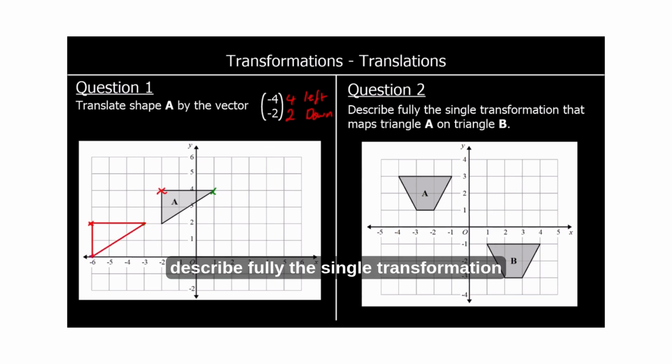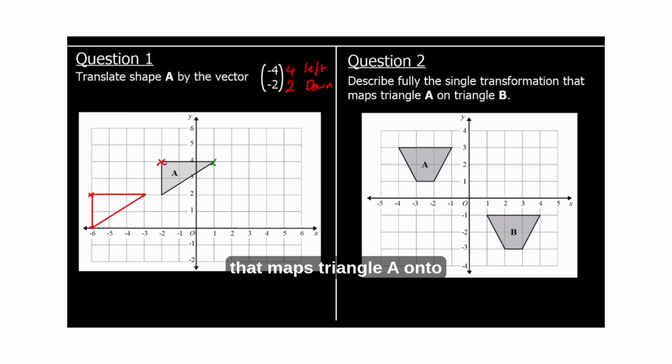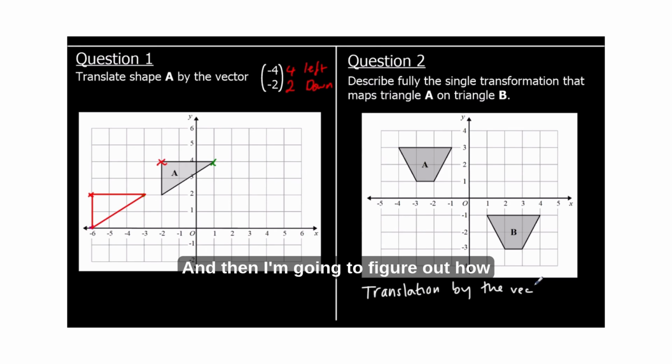And question 2, describe fully the single transformation that maps triangle A onto triangle B. So it is a translation. And I'm going to write by the vector, and then I'm going to figure out how far it's moved.